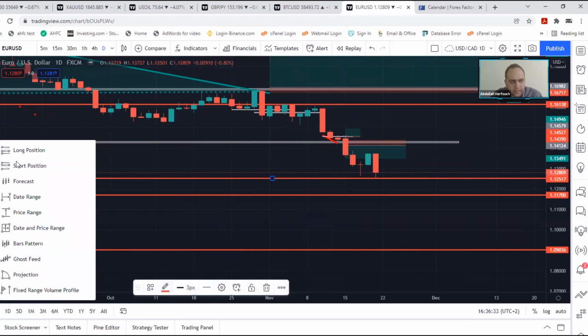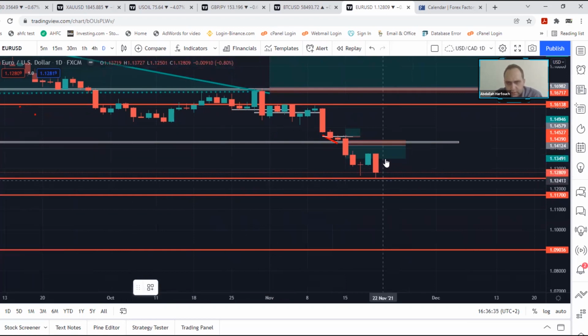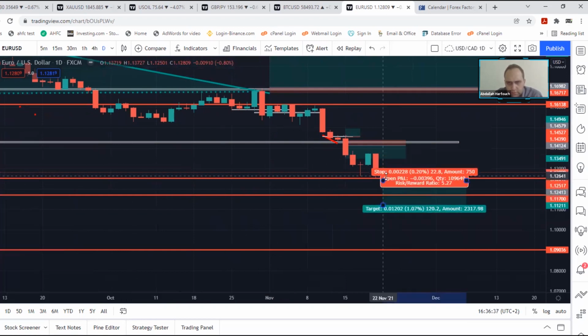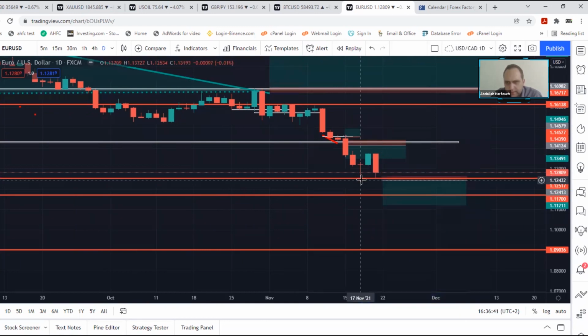We have the sell. My stop loss is at 20 pips, so my sell is at 112.45, TP1 112.35, TP2 112.10, TP3 185. My stop loss is at 112.64.